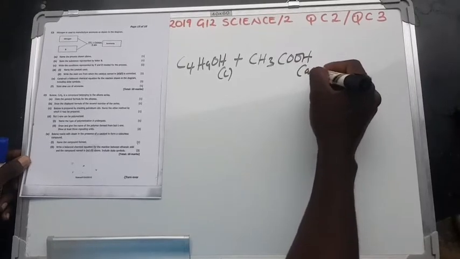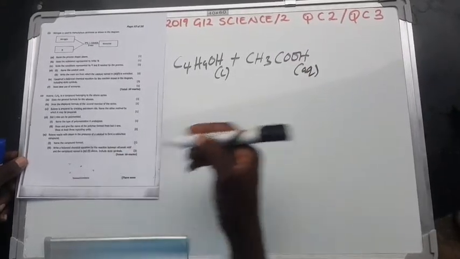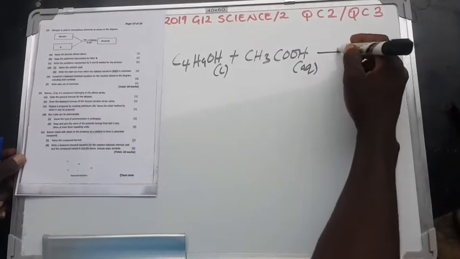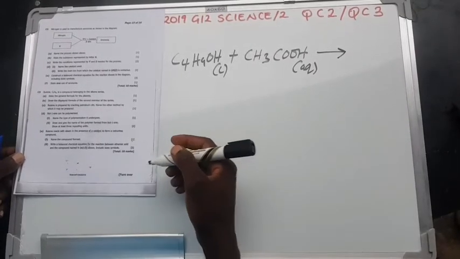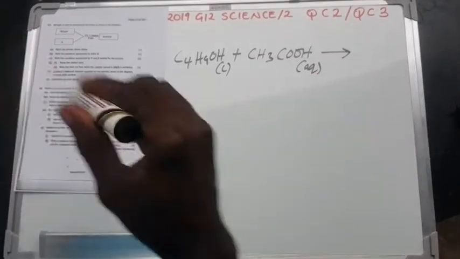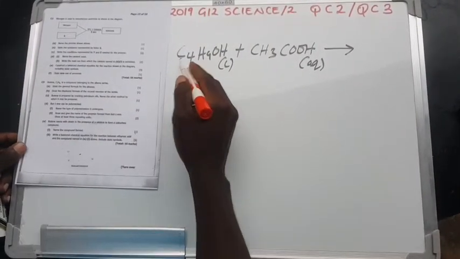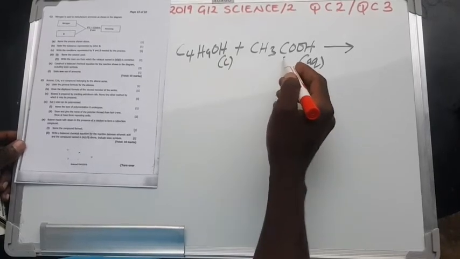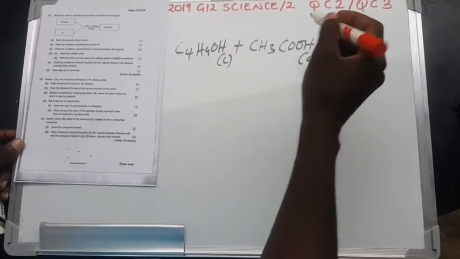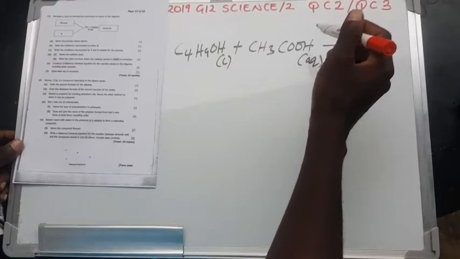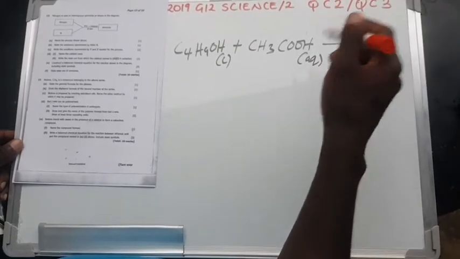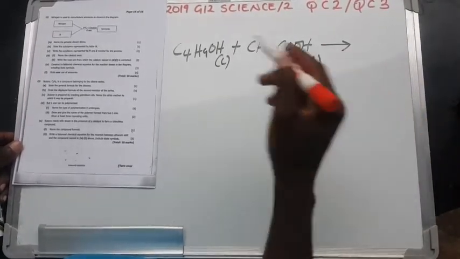Now an acid is in an aqueous state. So they're going to form an ester. When an acid and an alcohol react, they release a water molecule.